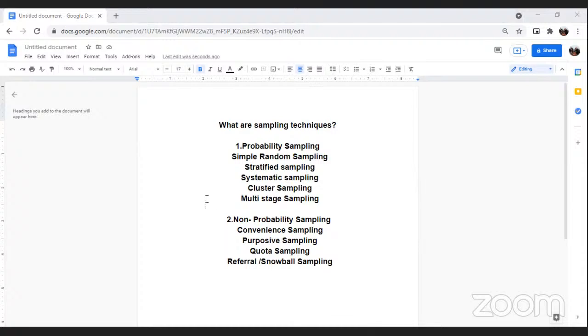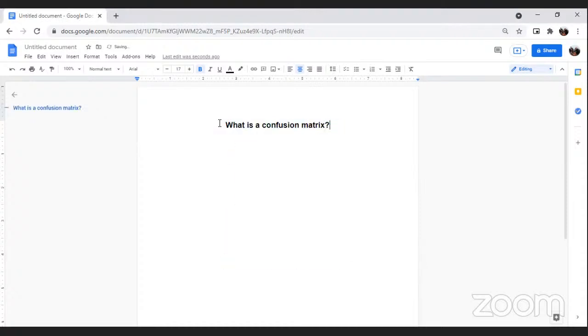Now, moving to the next question. What is a confusion matrix?